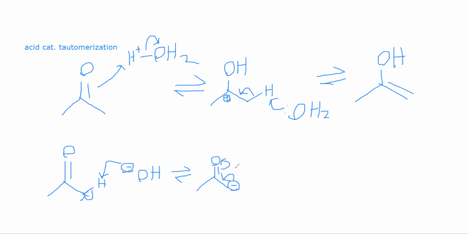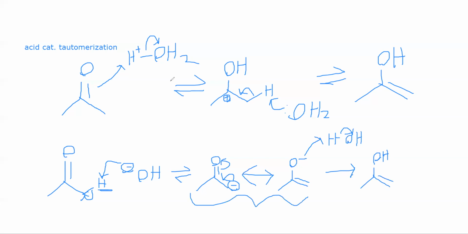Resonance makes the base stable, so it's weaker, so the acid is stronger, and this proton is acidic. And then at this point, this could get protonated by the water we formed when the hydroxide took a proton, and that would reform the hydroxide, so you have a base catalyst. And that's a way to form an enol with a base catalyst.